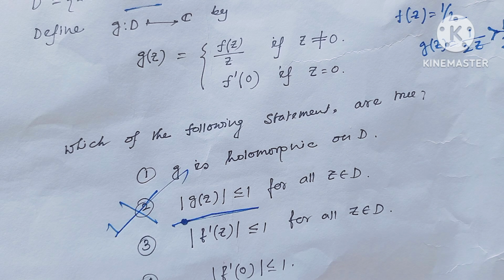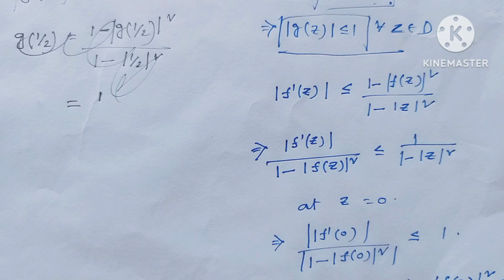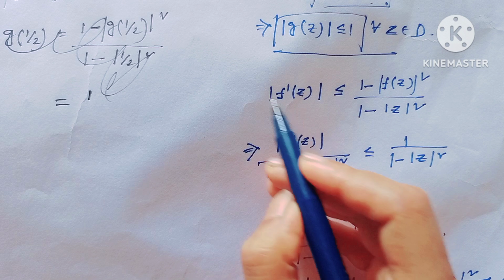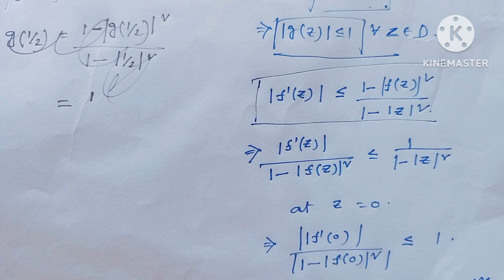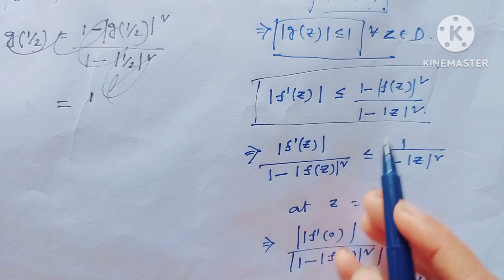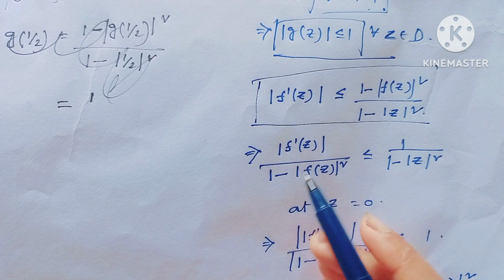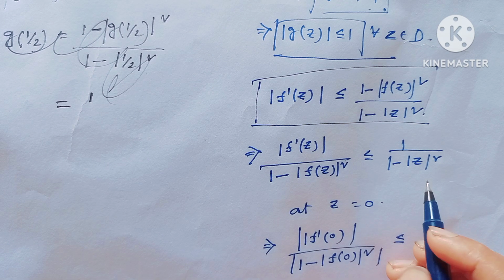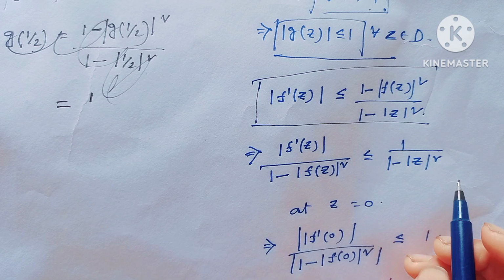Next, given f is holomorphic on D, in my previous video I showed that for f'(z), by the Schwarz lemma, modulus of f'(z) is less than or equal to 1 minus absolute value of f(z) whole square divided by 1 minus absolute value of z whole square. That means from this line we can tell absolute value of f'(z) over 1 minus absolute value of f(z) whole square is always less than or equal to 1 over 1 minus absolute value of z whole square.